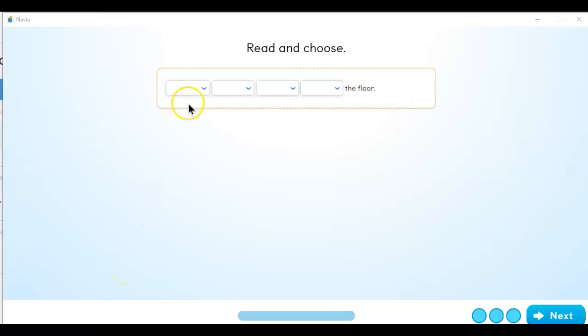So here we have the sentence. We have these options. The first option is, let's see, it appears. It takes a little bit long.